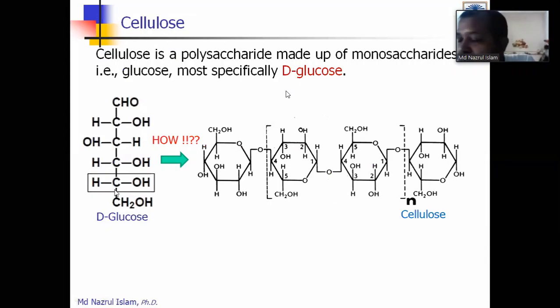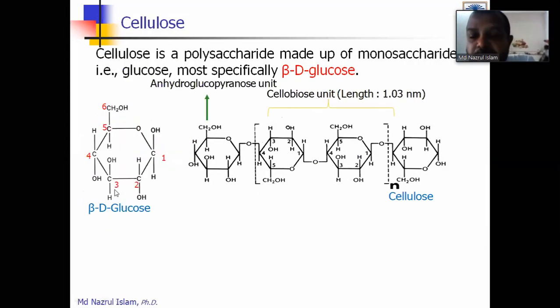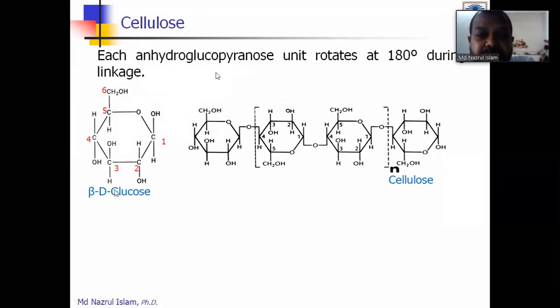How many monomers are there? Maybe 8 to 10,000 monomers. So the monomer is not only D-glucose but beta D-glucose, and the linkage is between 1 and 4. So we say beta 1-4 D glucopyranose. And when it rotates, that is very interesting.